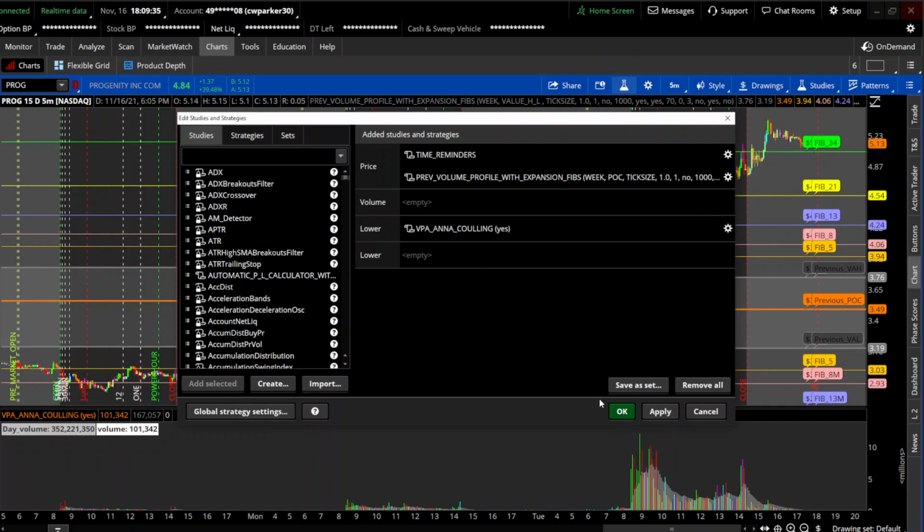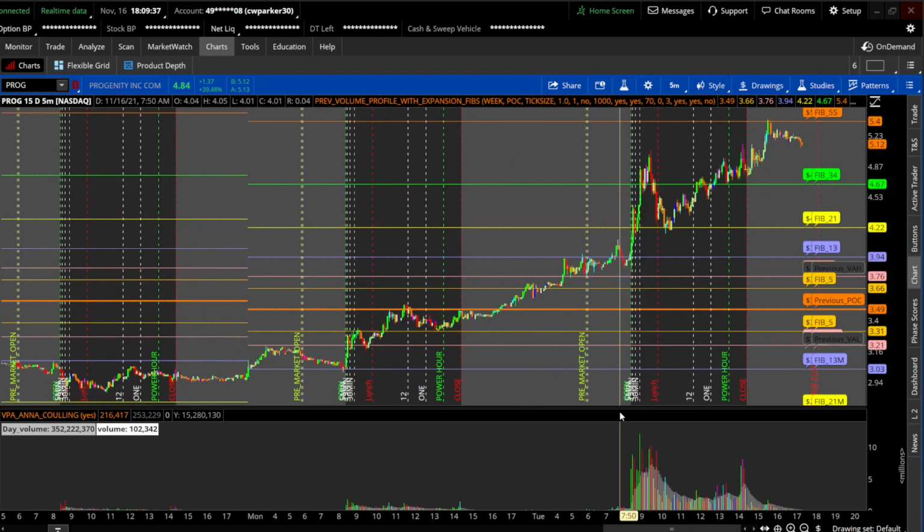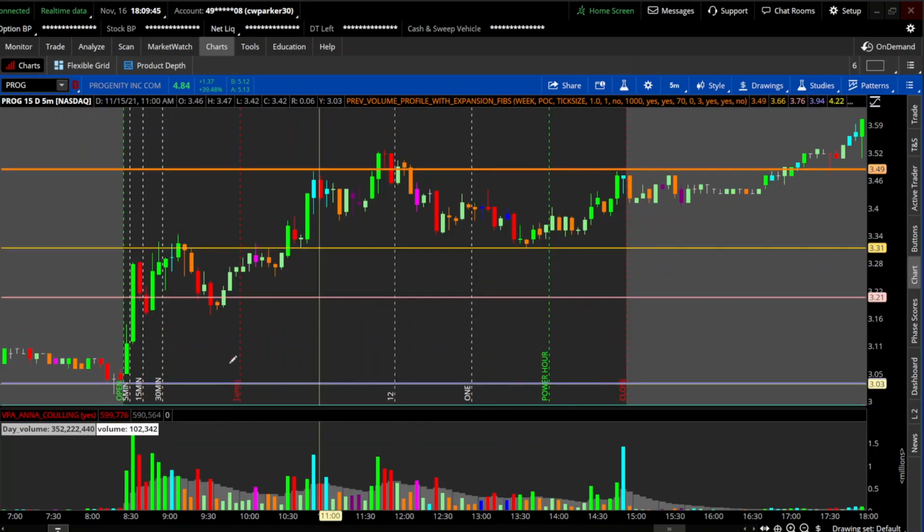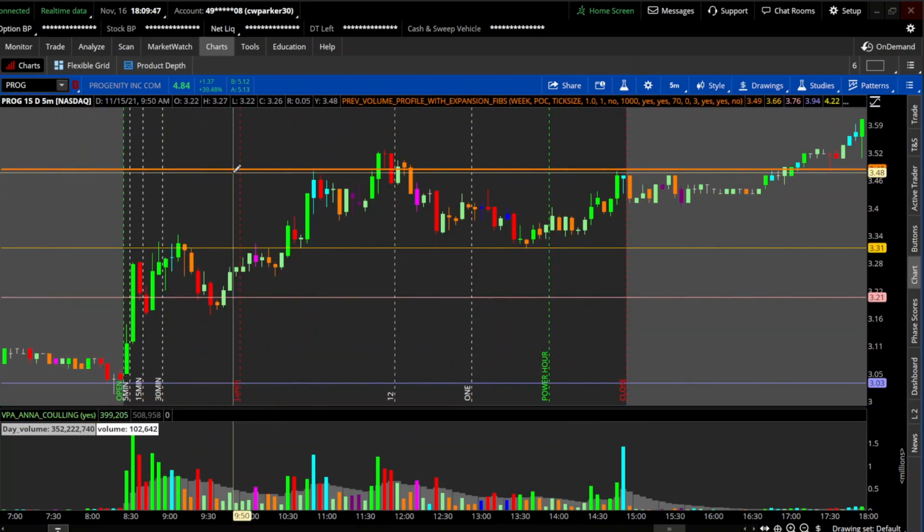Alright, my mouse is acting a little weird. Just going off of the fibs, when I place them on the point of control, look at what you get. These are percentages away from the point of control.